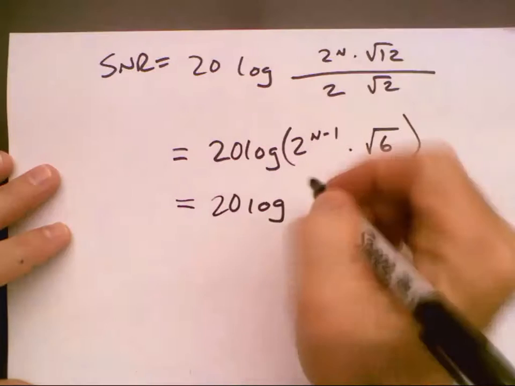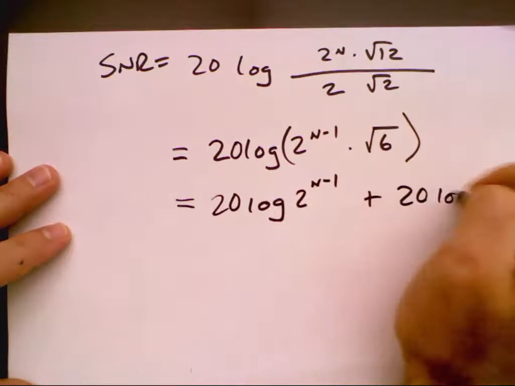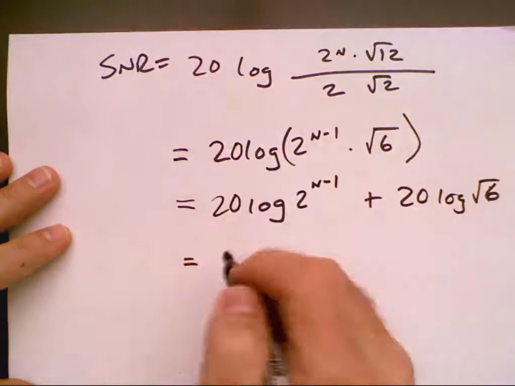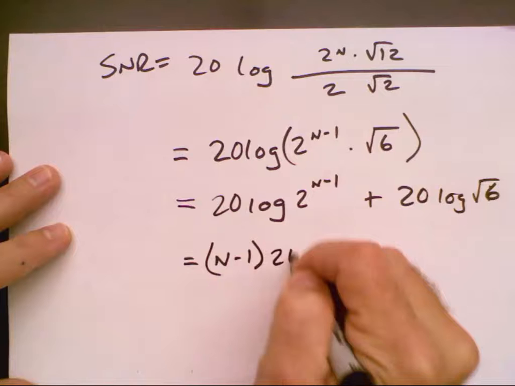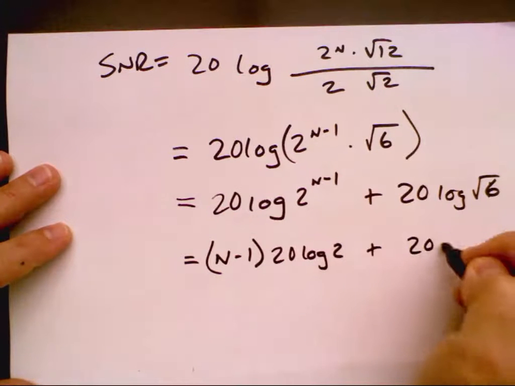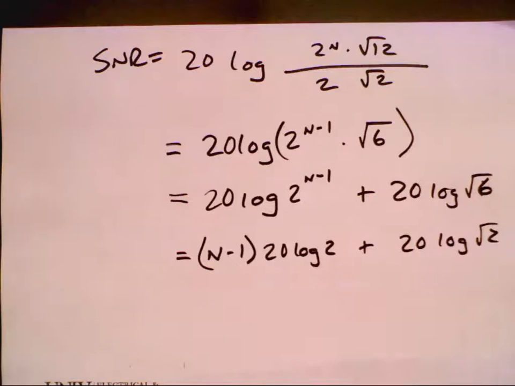So I'm going to write this as 20 log of 2 to the n minus 1 plus 20 log of the square root of 6, and that's equal to (n minus 1) times 20 log of 2 plus 20 log of square root of 6. And let's go ahead and get out the old calculator here, because this is used so often.